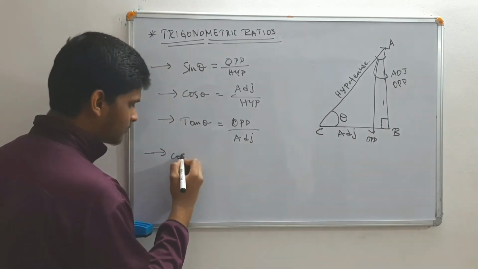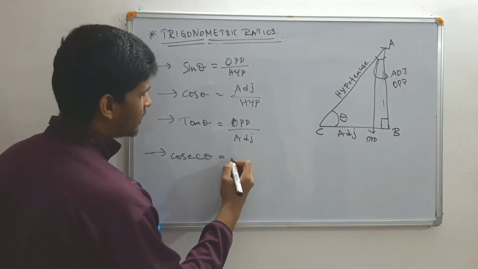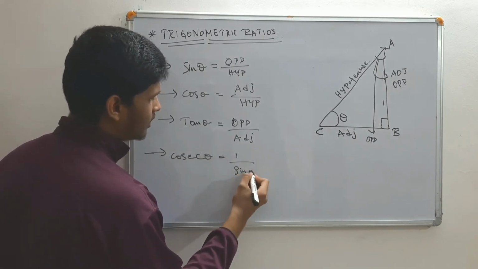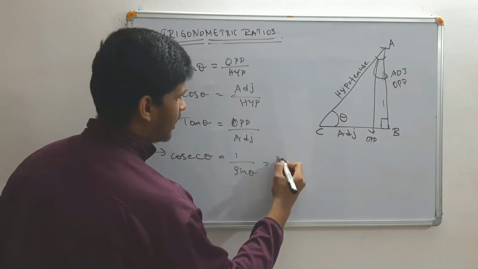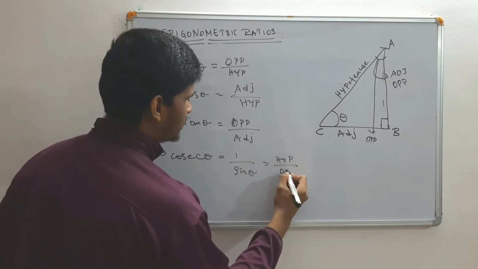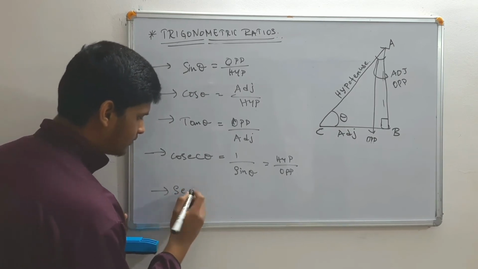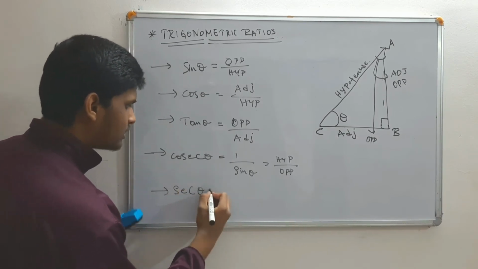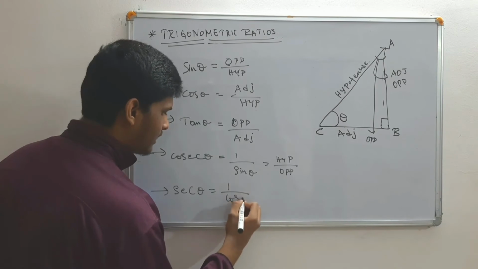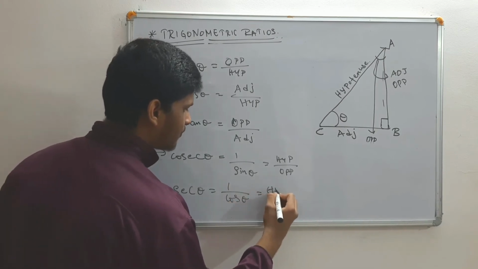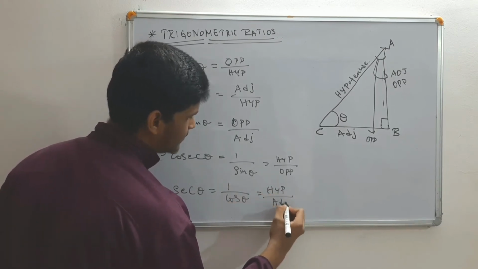That means cosecant theta is equal to 1 by sin theta, which is nothing but hypotenuse by opposite side. Coming to the other one, secant theta is equal to 1 by cos theta, which is equal to hypotenuse by adjacent side.